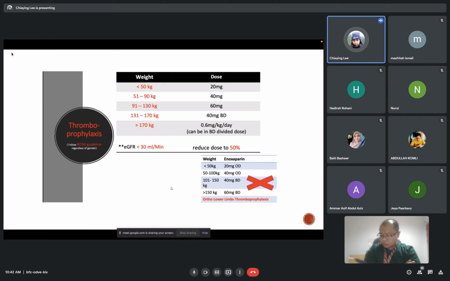And if they are more than 170 kilo, we calculate 0.6 milligram per kilo per day. We can divide the dose into BD doses. If the patient has renal impairment where the eGFR is less than 30 milliliter per minute, we should reduce the dose by half.